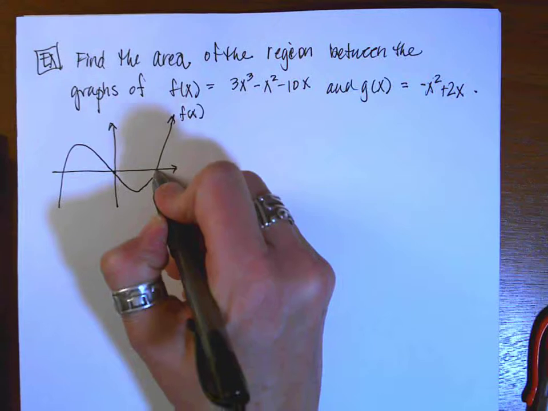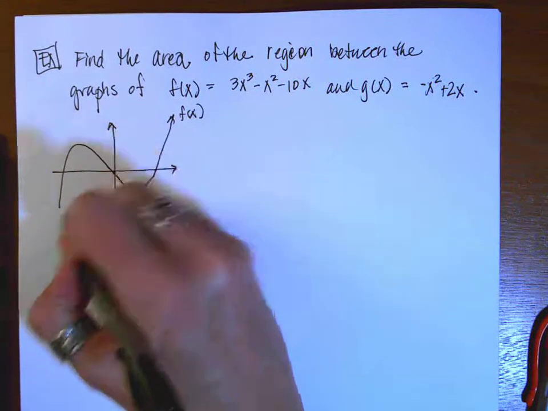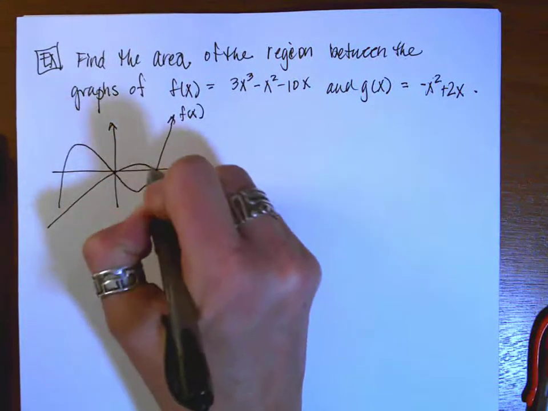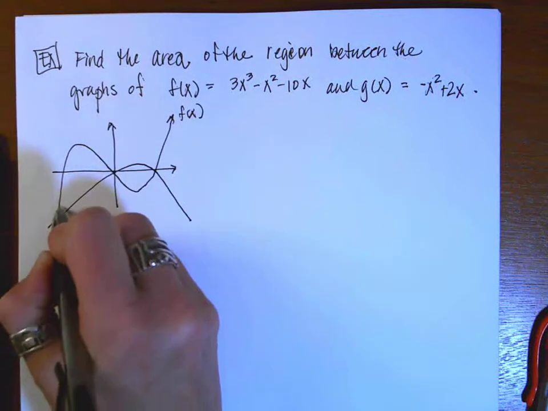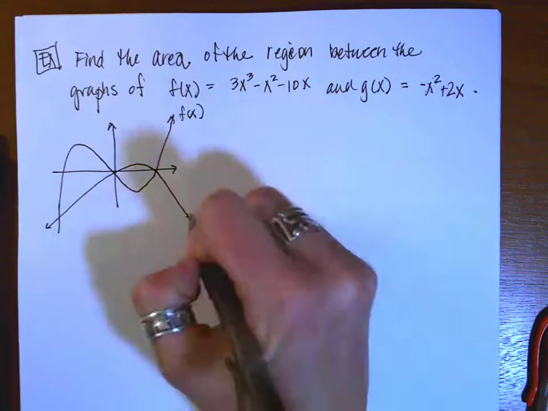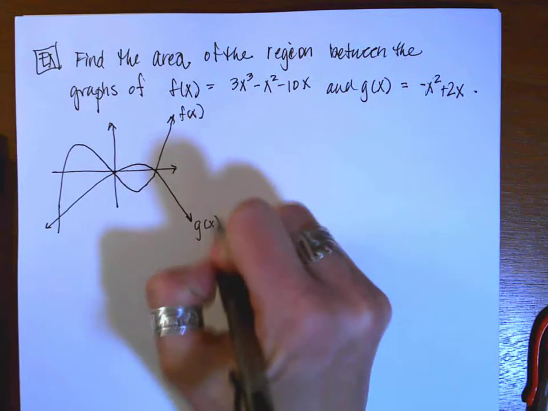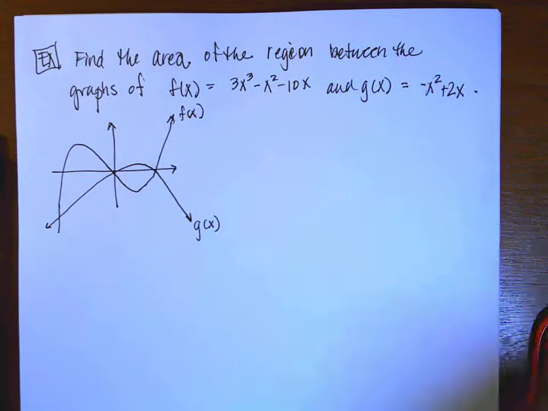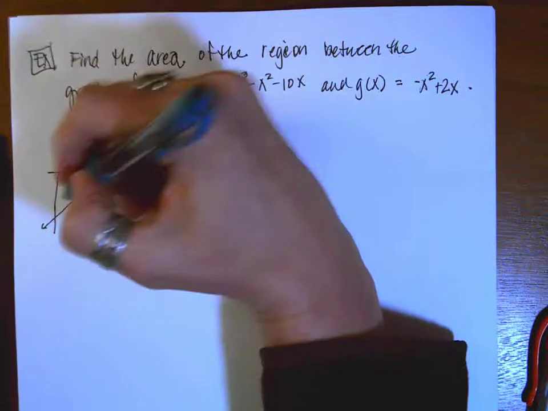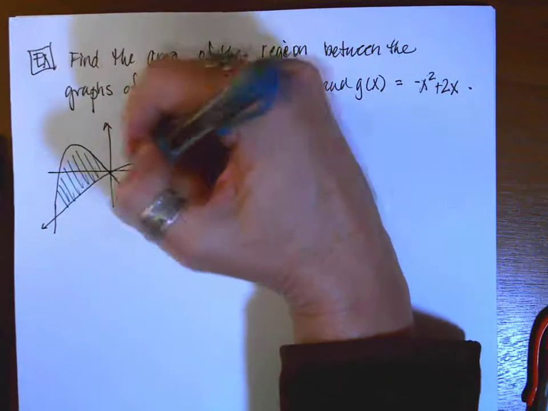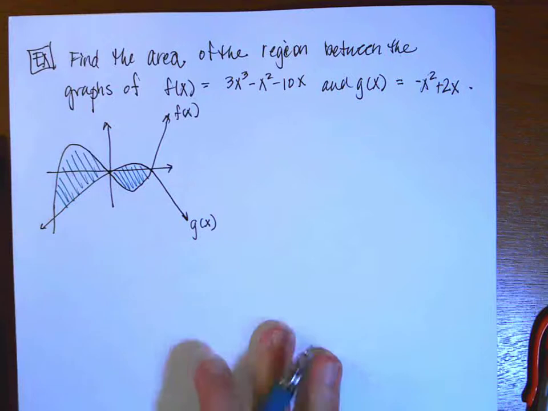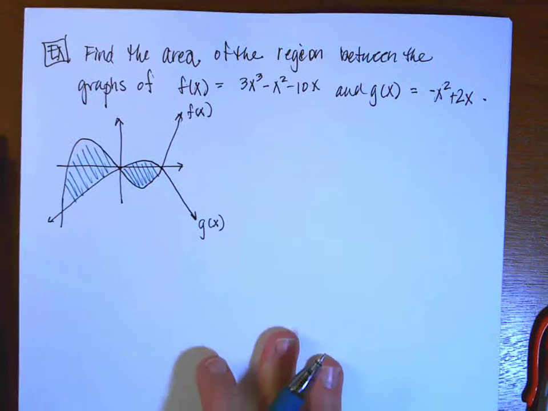Let's see if I can hit all the points that I need to. It's going to hit there, there, and here. And there we go. That's a gross estimation of what it looks like. So then this guy is g of x. Alrighty. Then I have my area in between the curves. So I'm just going to color a little bit because we like to color.